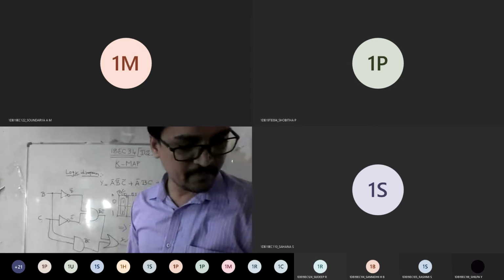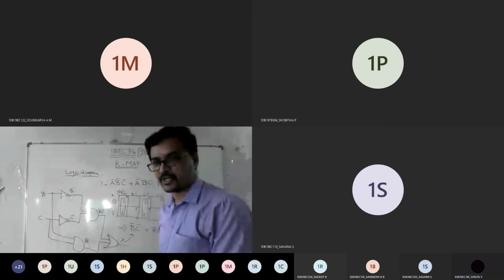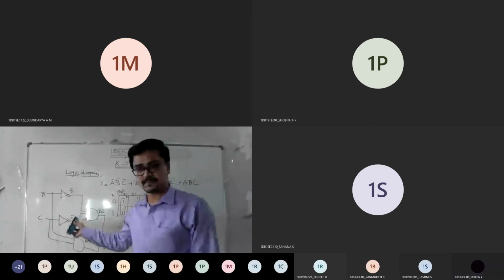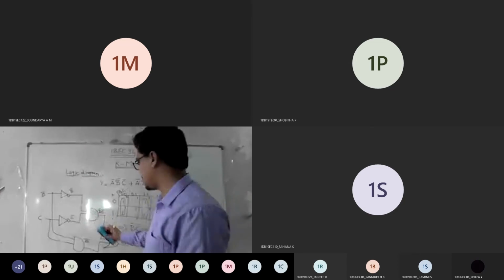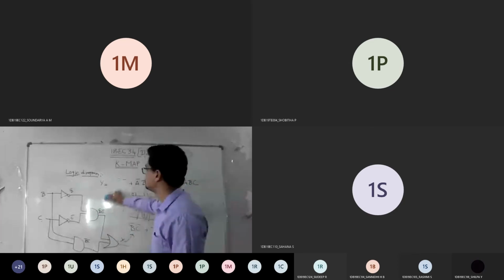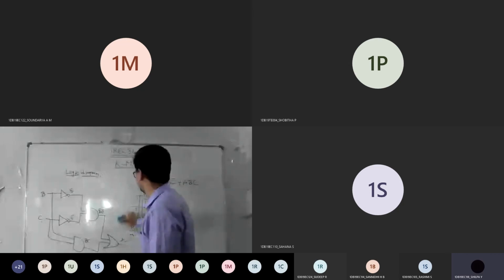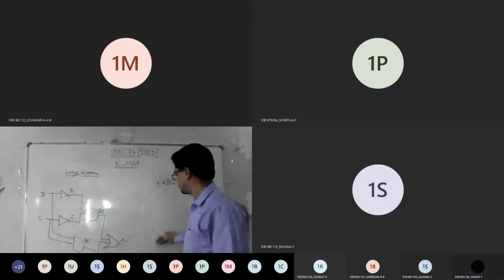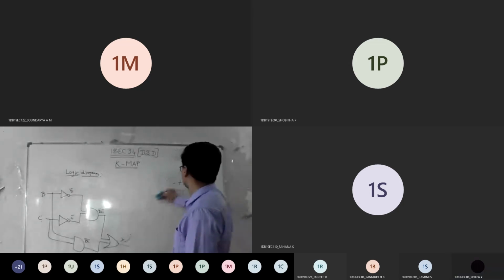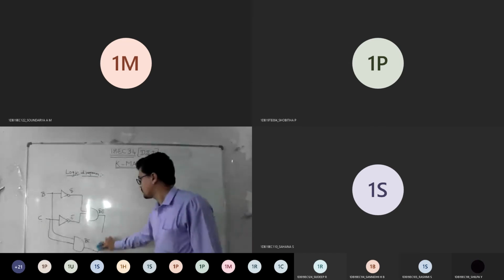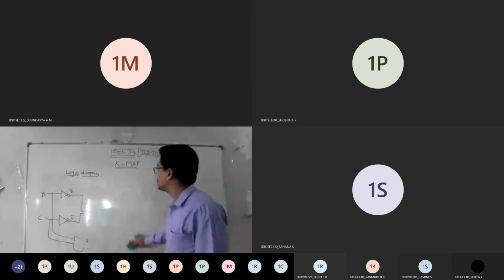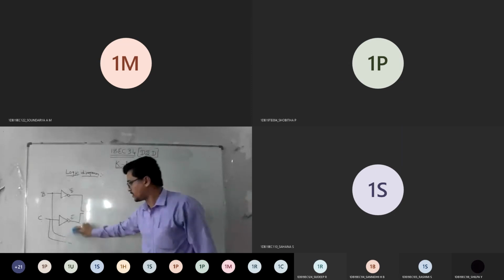Read on. Simplify the following function. Everyone done with this diagram? Shall I erase it? Yes, sir. Okay.